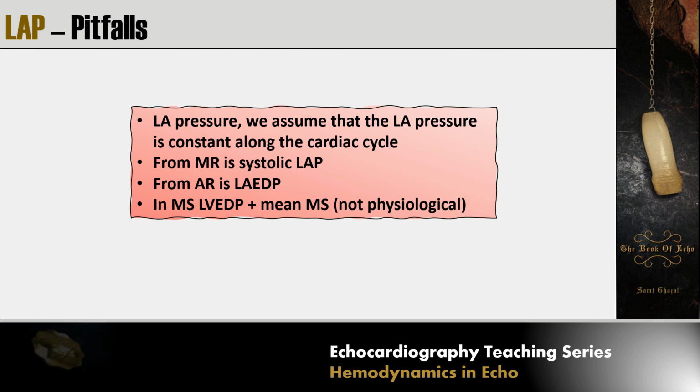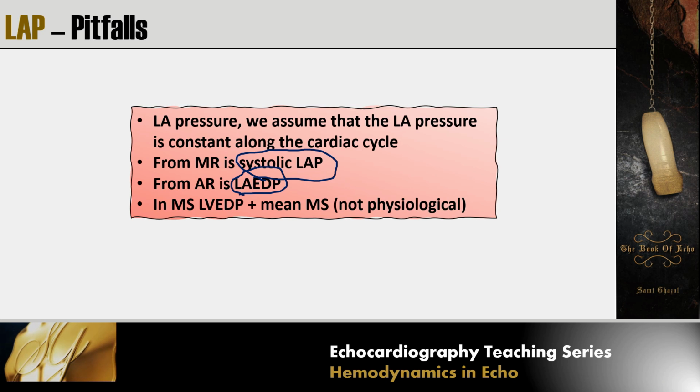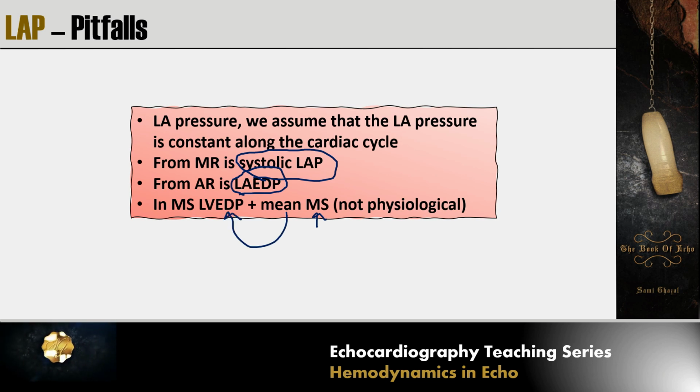The other thing is when we measure from MR, what we are measuring is the systolic LA pressure. When we measure it from aortic regurgitation, we actually measure the LA end diastolic pressure. We don't measure the LA mean pressure. In mitral stenosis, it's even worse because we are adding the mean mitral stenosis pressure to the LV end diastolic pressure, which is not physiological.